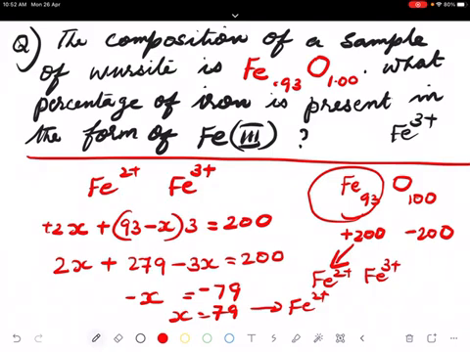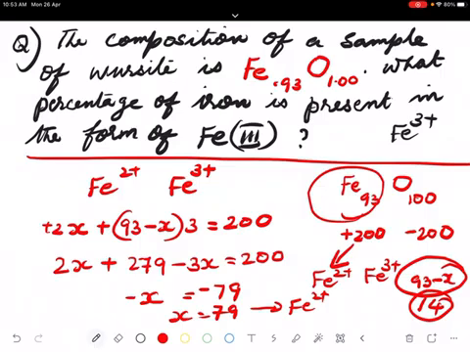Fe3+ is equal to 93 minus x, that means 93 minus 79, that is 14. So 14 Fe3+ and 79 Fe2+.